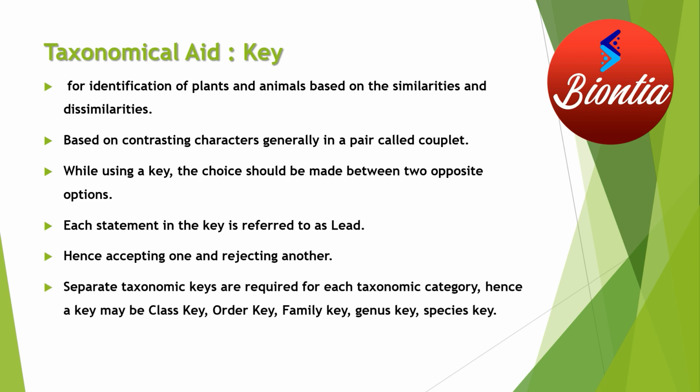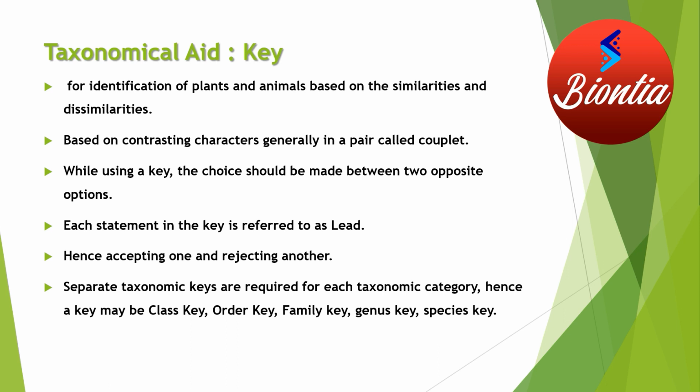So it's a way to identify different species, and just by selecting one of the options from each couplet, we finally arrive at the positioning of this new species. Because there is a huge diversity among living organisms, it's not possible to construct a key that is universally applicable. We cannot create a key that applies to every type of organism so that we can easily identify its ranking.